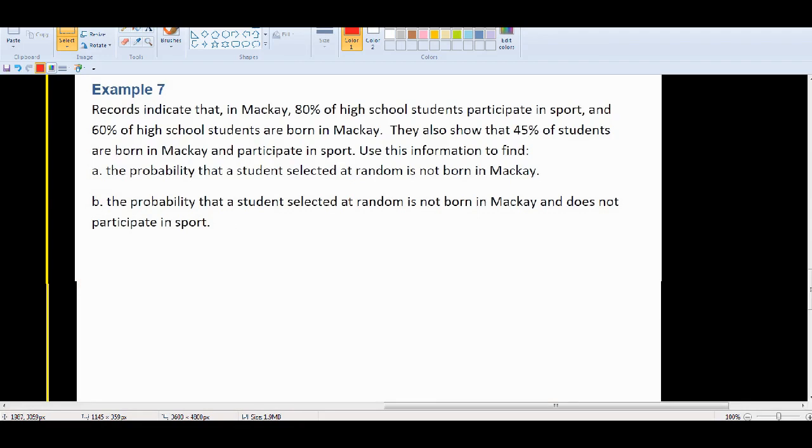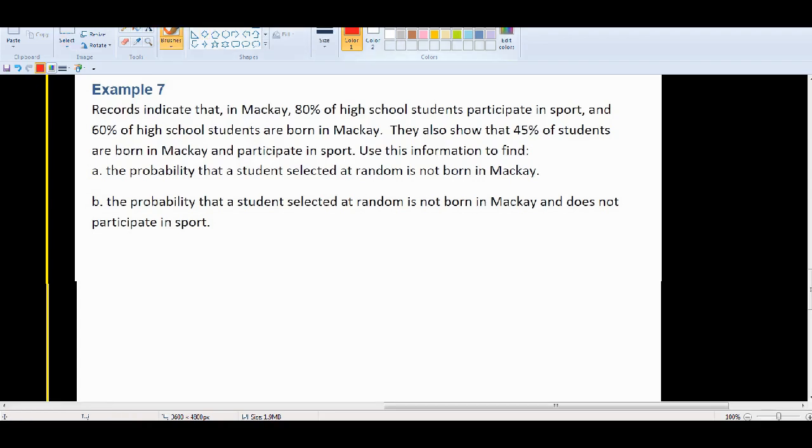They also show that 45% of students are born in Mackay and participate in sports. Use this information to find the probability that a student selected at random is not born in Mackay.